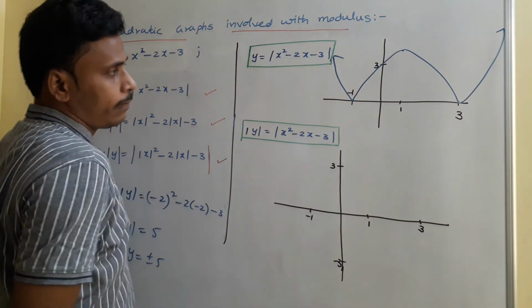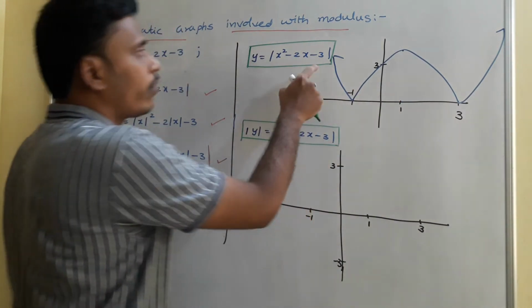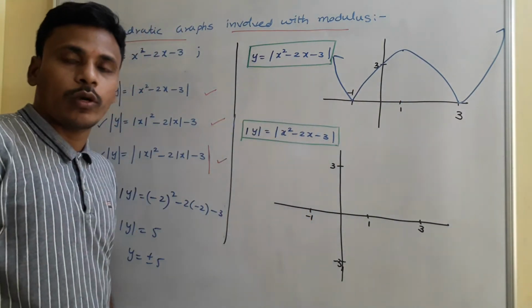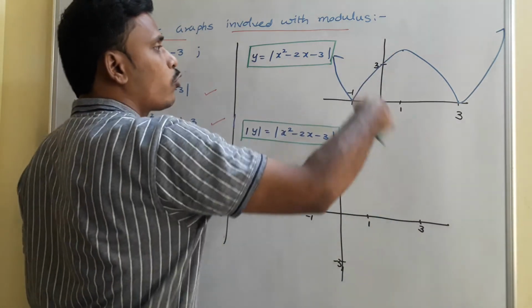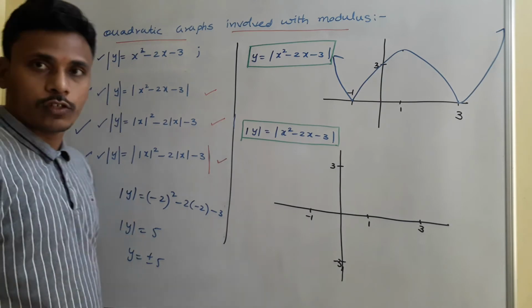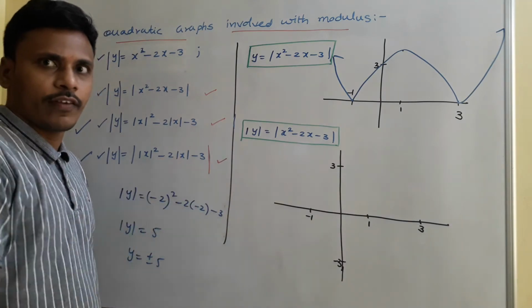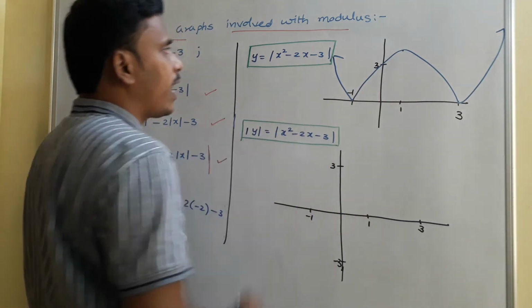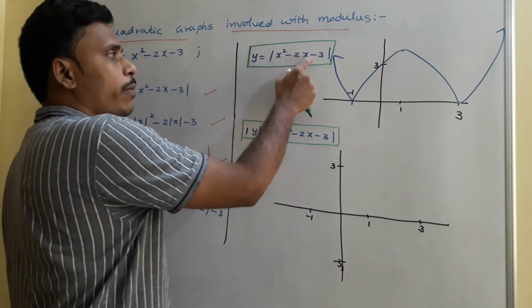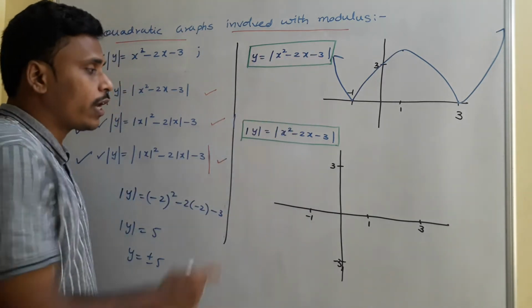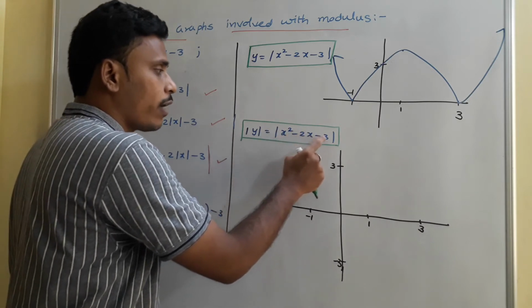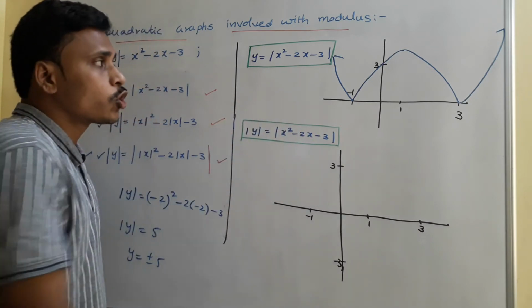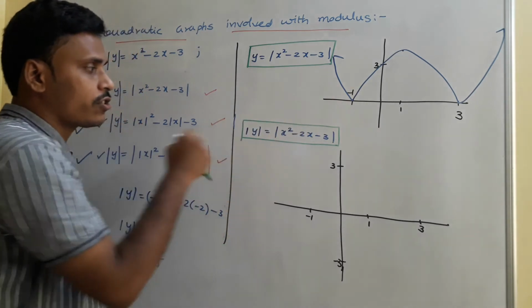So just look there, this is the graph of y equals mod x square minus 2x minus 3, just by flipping the negative graph to the positive with reference to the first one. Okay, leave it, you will get it from the previous class. So this is the graph of y equals mod x square minus 2x minus 3, and now we are going to sketch the graph of mod y equals modulus of x square minus 2x minus 3. So by observing that we need to sketch this.